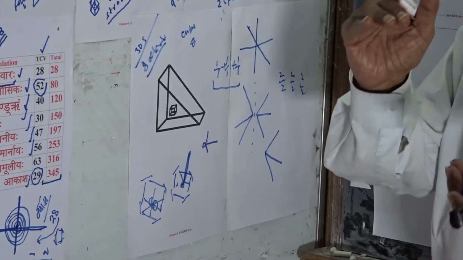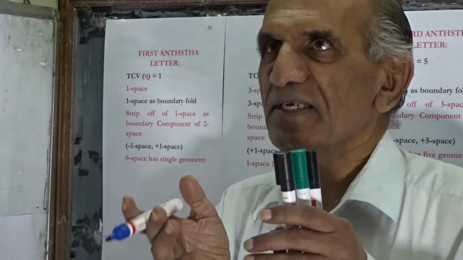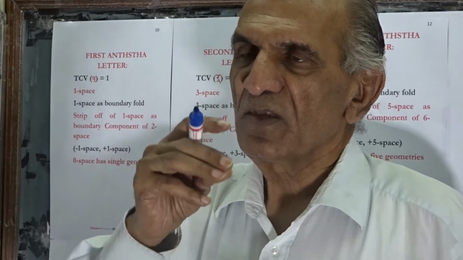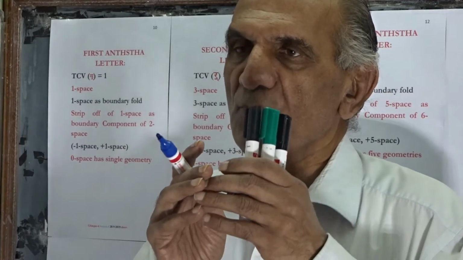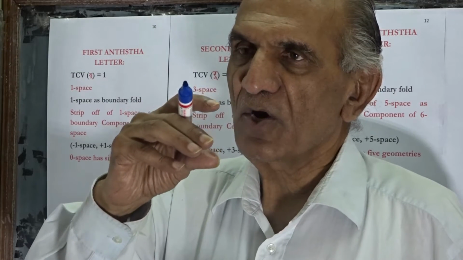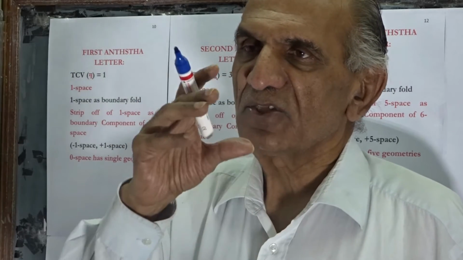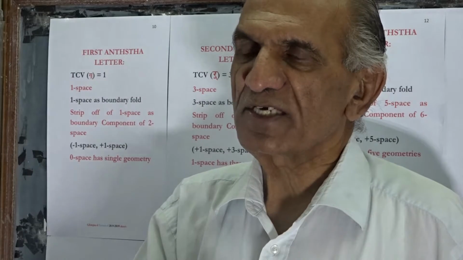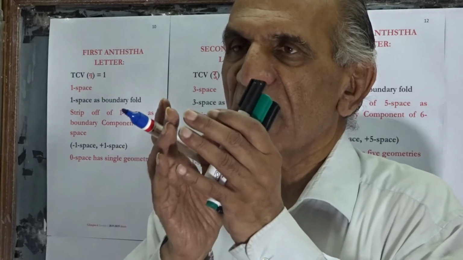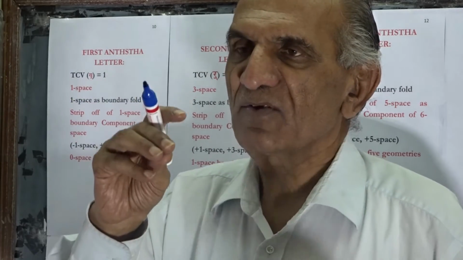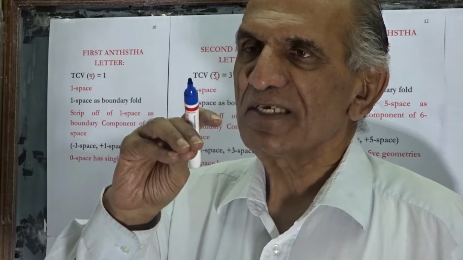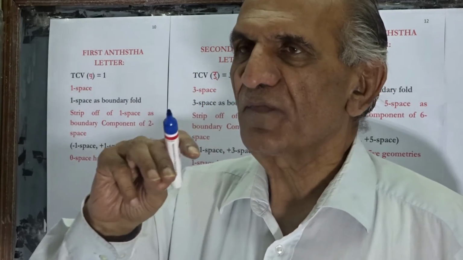Therefore, the first Ushmana letter as a transcendence phenomenon at the seat of the origin of three space is amounting to superimposition of a spatial order upon the linear order, and as a result the three space splits into 8 octants, the cube splits into 8 subcubes, and as a result there emerges a 4 space domain at the center of the cube. This 4 space domain itself is having 5 space in the role of an origin.